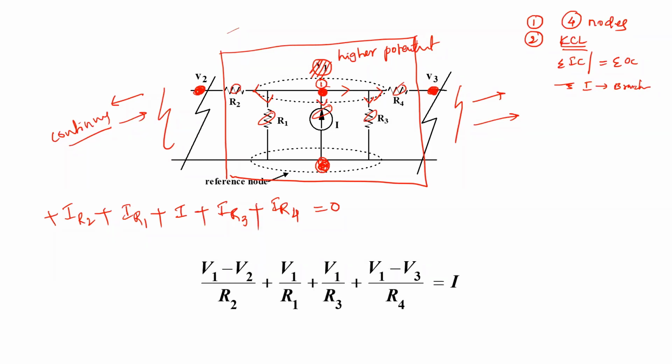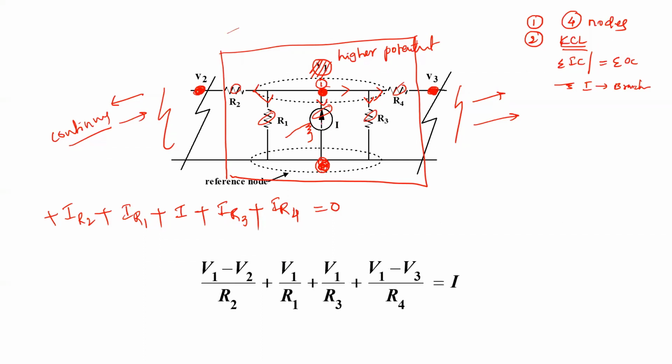But see here, it is a current source which is opposite to our assumed direction. We have assumed that the current is leaving the node, but it is entering the node.